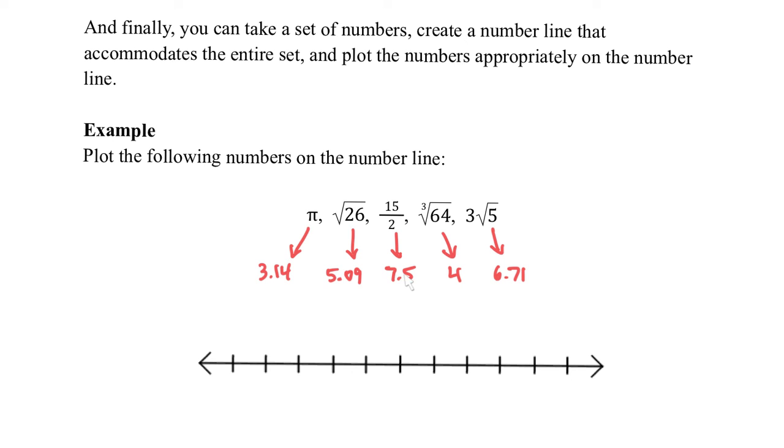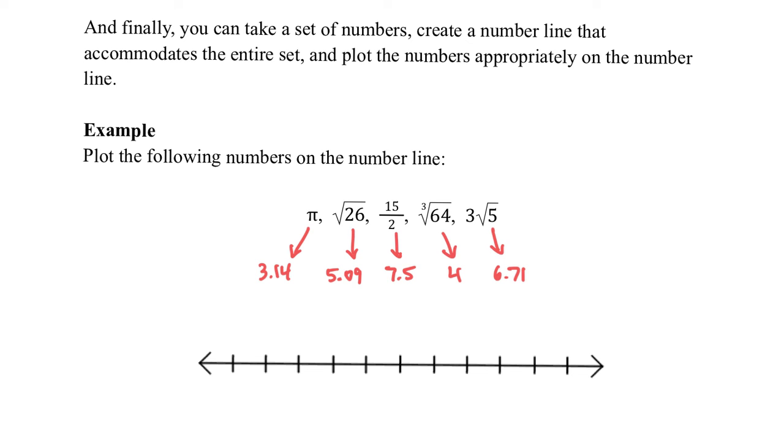Same thing on the higher end. The highest number I see is 7.5. So what I like to do is mess around until I use as much of the number line as possible. I want to start at least at 3, and go at least as high as 8 so I can accommodate that 7.5. And if I can space that out, I'm going to.